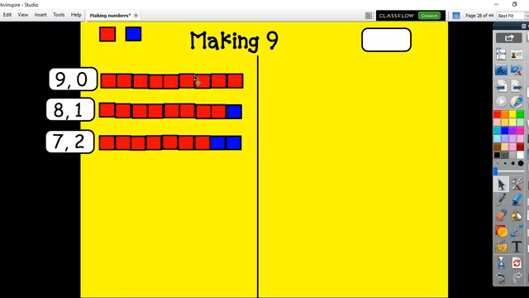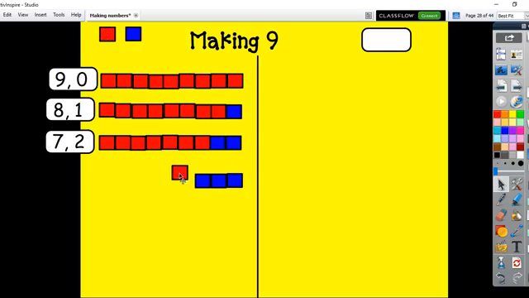All right, so I'm going to now make my next one. Remember, I'm growing, so I started with 0, 1, 2. So this time I'm going to have 3 blue squares. And then I'm going to count on from 3.